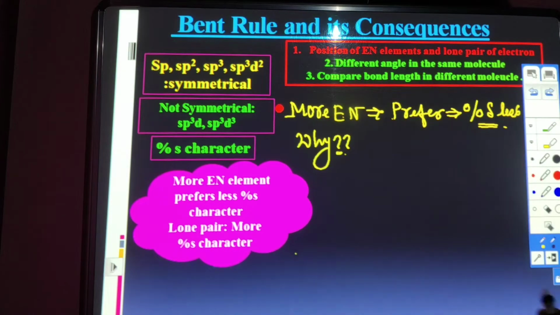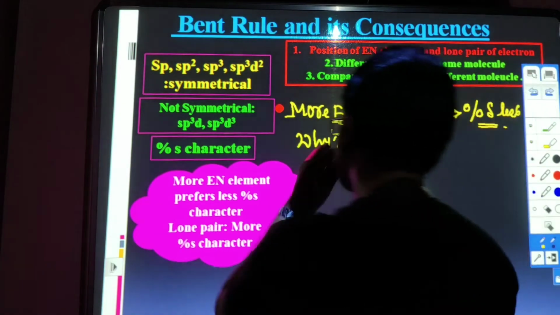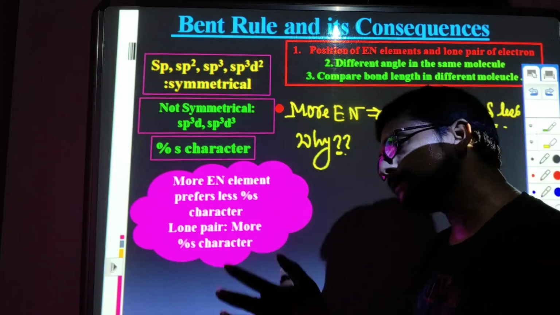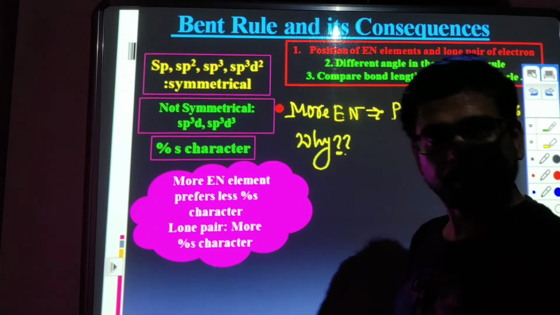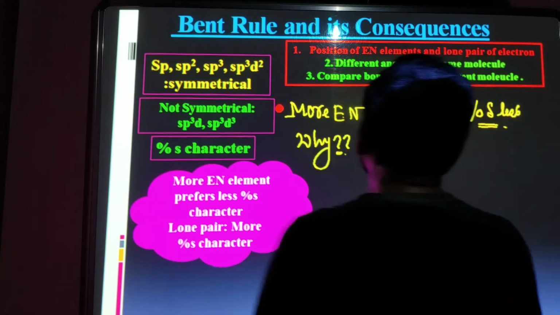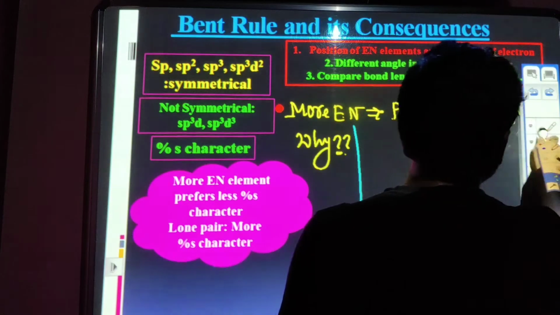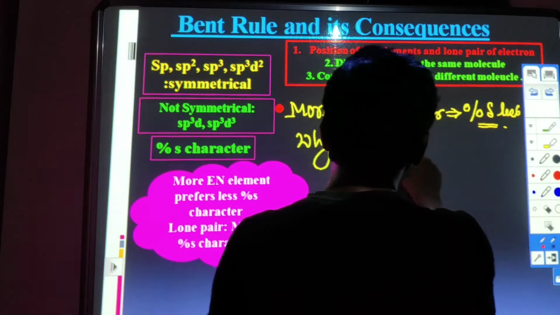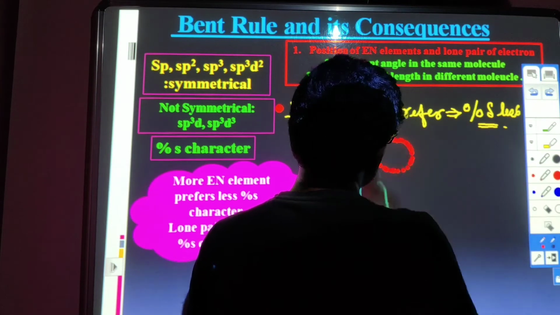Okay. When we get an sp3 hybridized orbital, how do we combine s plus p? s plus p will give you sp, s plus 2p will give you sp2, and s plus 3p will give you sp3. Same. Now look at it here. This is the s orbital.